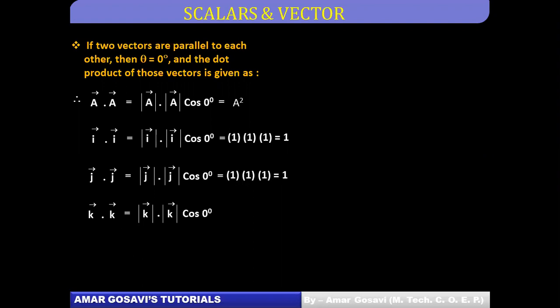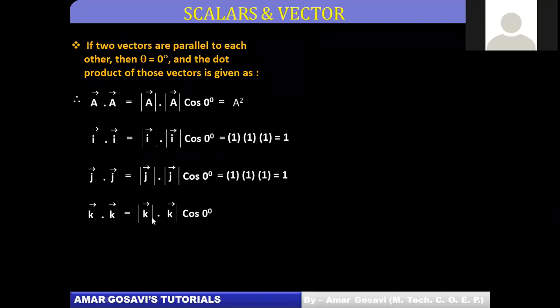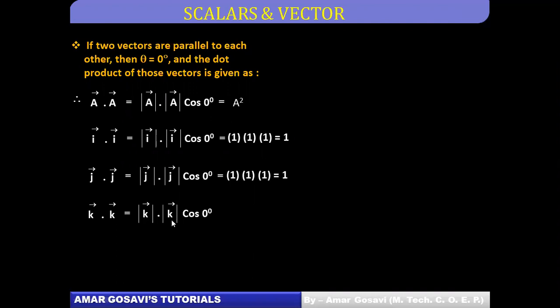When I'm talking about the magnitude of k cap, which is a unit vector along the z axis, the magnitude has to be 1. So 1 multiplied by the same magnitude of k cap, which is 1, and cos 0 is also 1. So here also the dot product of k cap with k cap will be 1 multiplied by 1 multiplied by 1, so ultimately 1.